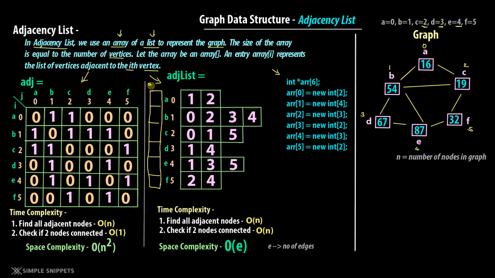So this int arr will be nothing but an array of pointers. So each index, that is index 0, 1, 2, 3, 4 and 5, will be nothing but an integer pointer which will point to the actual array which is created over here. So we are saying arr of 0 is going to be equal to new int 2.